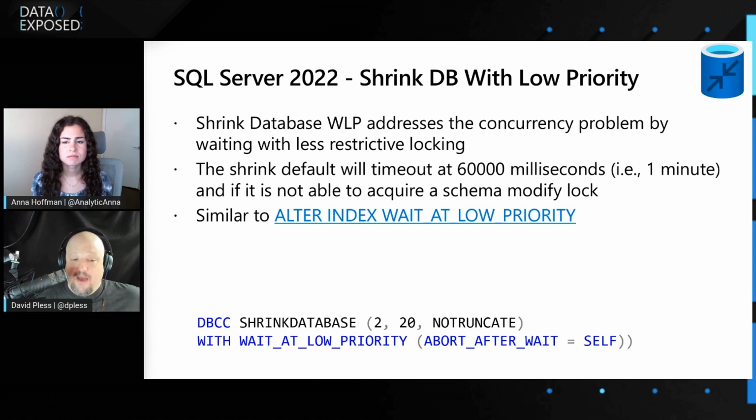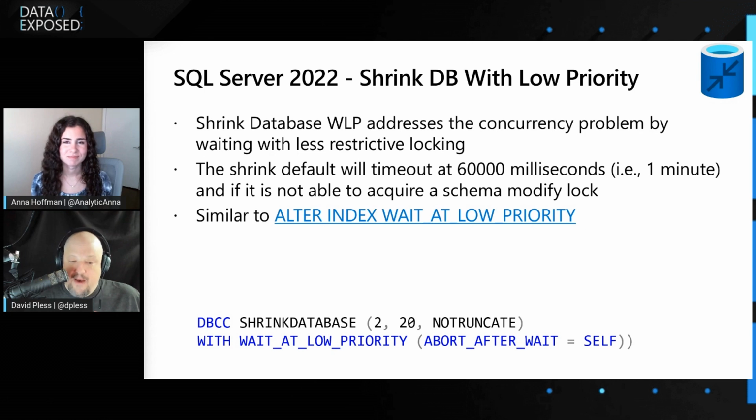So the shrink database wait at low priority feature, similar to the alter index wait at low priority feature, addresses this concurrency problem by taking a schema modify lock in a wait at low priority mode so that when the shrink is executed in this mode, new queries requiring locks are not blocked by the waiting shrink operation. They jump the queue and continue to execute as shared locks are non-conflicting with other shared locks. So as a result, what was previously blocked by these long-running readers will no longer block new queries.